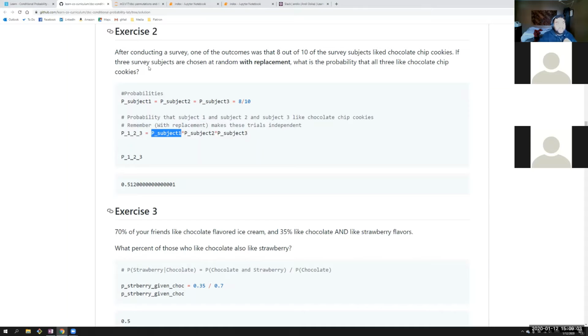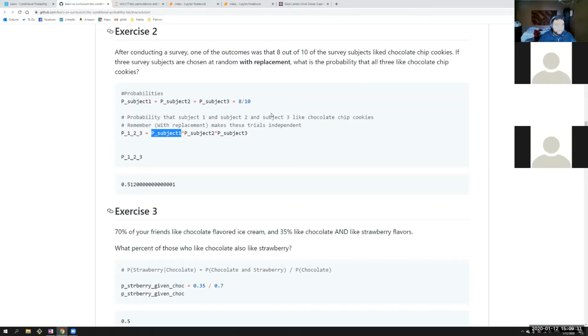But then you put him back into that pool of 10, and your second choice is again from that same pool of 10 people, of which 8 like chocolate chip cookies. Now, if it was without replacement, you pick the first one, there's a 0.8 chance that he likes chocolate chip cookies, but now you have 9 left for your second choice. So the odds are now different.